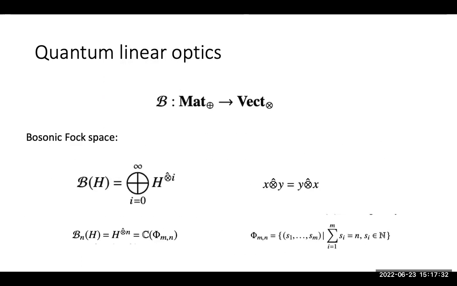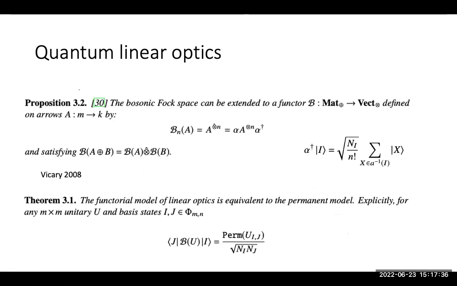Okay, so we can extend this. Here we've defined the bosonic Fock space on objects. We can define it also on arrows, basically by defining the nth component to be the symmetrized tensor of the matrix with itself n times. And to define this, you can use a natural transformation alpha, which relates the symmetrized tensor product with the free tensor product, the normal one that we use all the time.